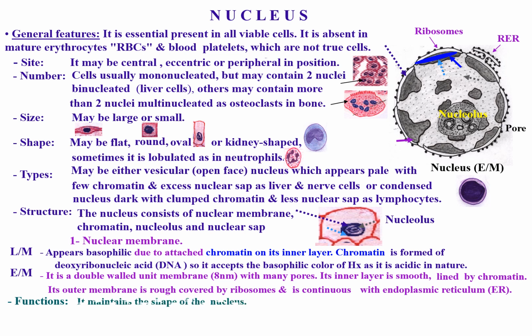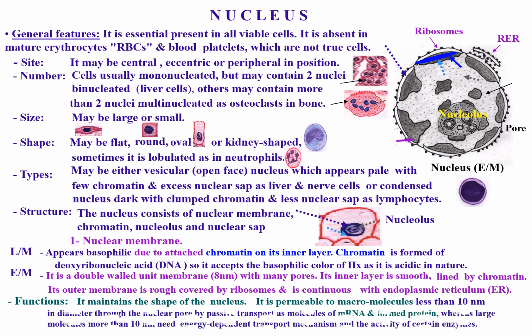It is permeable to macromolecules less than 10 nanometers through the pores by passive transport, as molecules of messenger ribonucleic acid and formed protein. Large molecules more than 10 nanometers need an energy-dependent transport mechanism and the activity of certain enzymes.